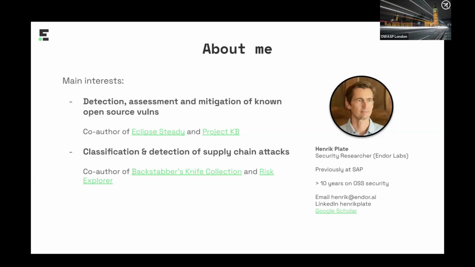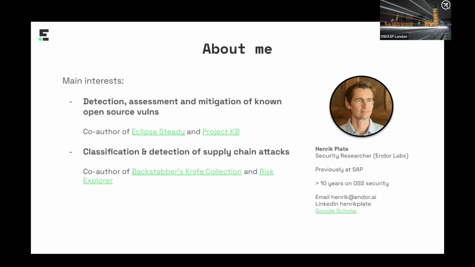Real quick about me. I'm a security researcher at Endor Labs. I started working on this whole topic of open source security about 10 years ago. And my main interests are the detection, assessment, and mitigation of known open source vulnerabilities, right? That is exactly the topic I was mentioning on the previous slide. I'm the co-author of 2 open source projects. One is Eclipse Steady. This has been given to the Eclipse Foundation at some point in time.